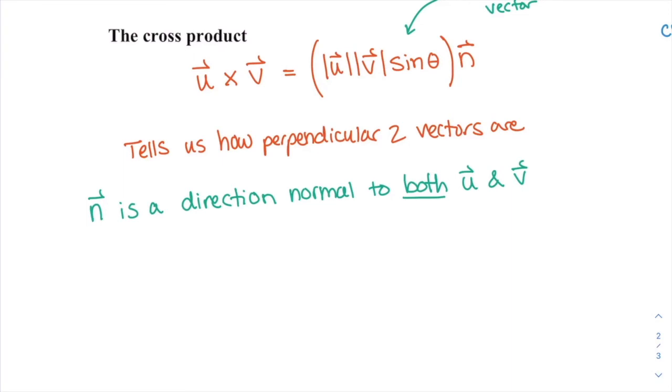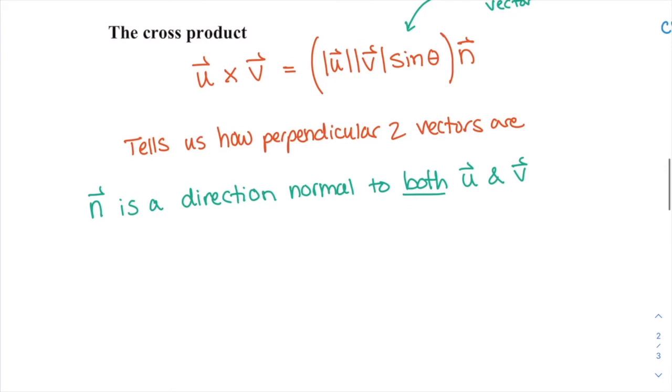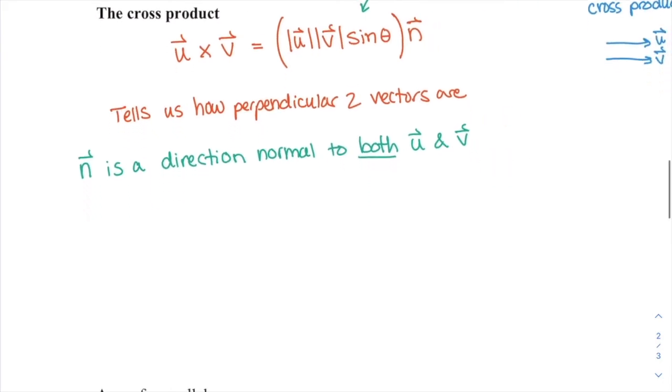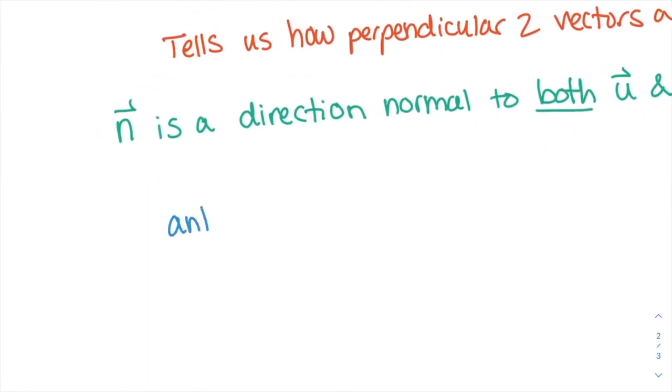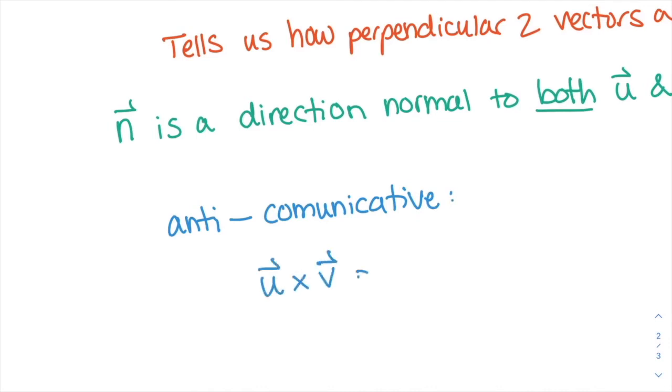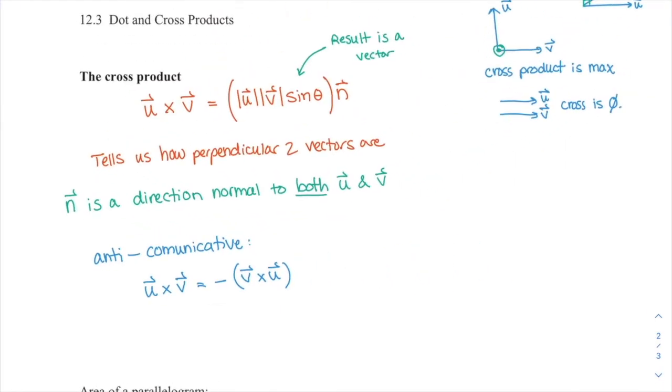The cross product is actually anti-commutative, which means, if we wrote that down mathematically, that U cross V is equal to negative V cross U. So if you switch the order of taking the cross product, then the magnitude of the answer will be the same, but the direction the vector points will be in the negative or the opposite direction. So it's just same magnitude, opposite sign.